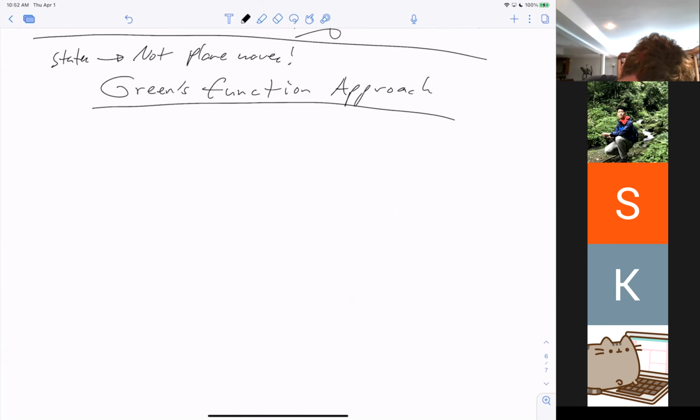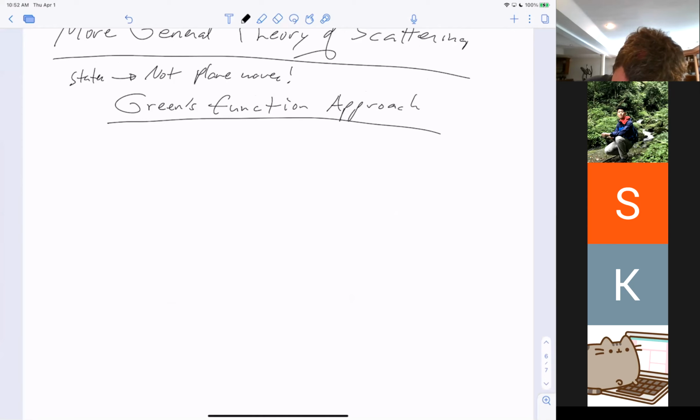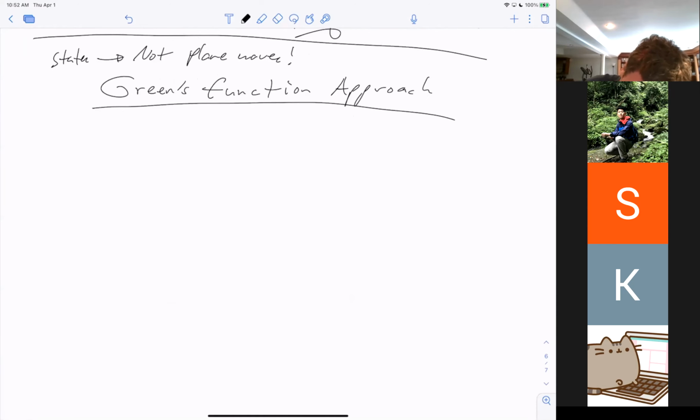Let's consider that we have some weird potential. I'm trying to motivate the Green's function approach. This is my potential, V of R. Suppose it has some weird, arbitrary shape. And then I want to shoot a particle at it.